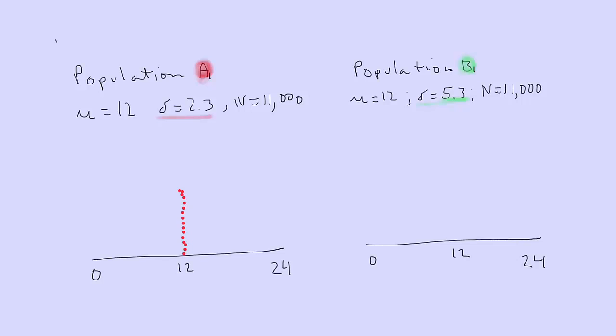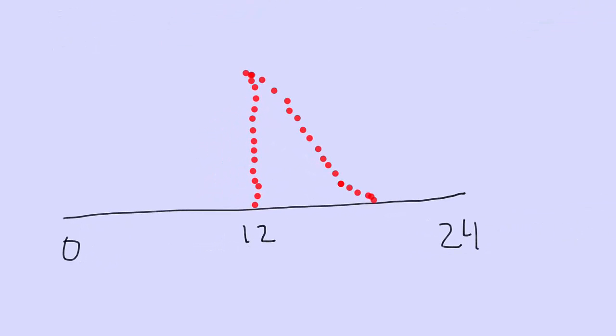So here we'll end up 3 standard deviations away. 3 times 2.3, that gives me 6.9, roughly 7. So that gets me to about 19, which is here. So that's going to be 3 standard deviations away. And I'm going to drop a curve here. Let's zoom in to make it a little easier for me.